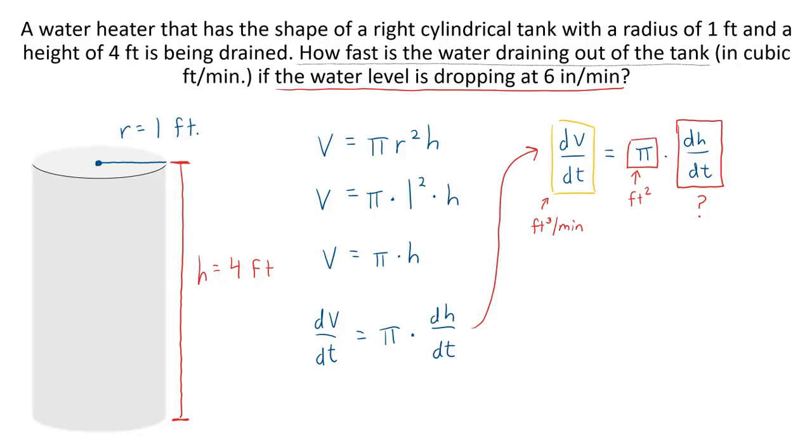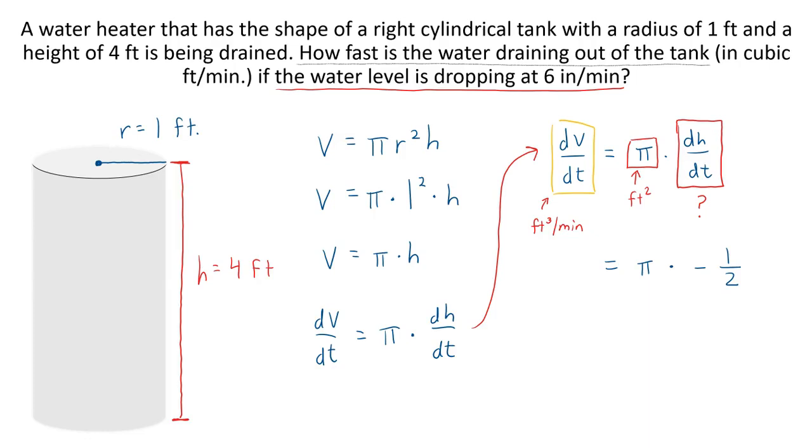So what is dh over dt in feet per minute? 6 inches is half a foot. So that means that dh over dt is half a foot per minute. So we would have dV over dt is equal to pi times negative 1/2. Now you look at that and say, well, where does the negative come into play? The negative just tells us in which direction the water level is going.